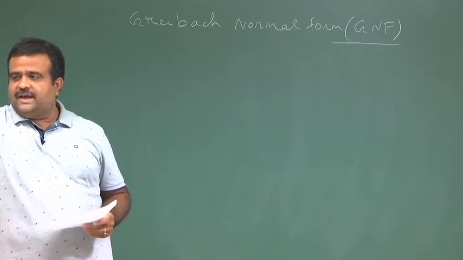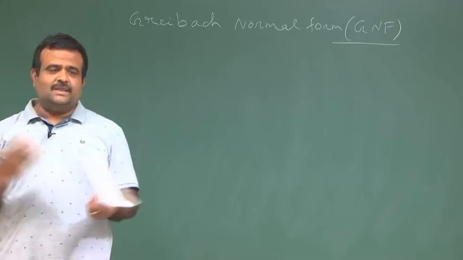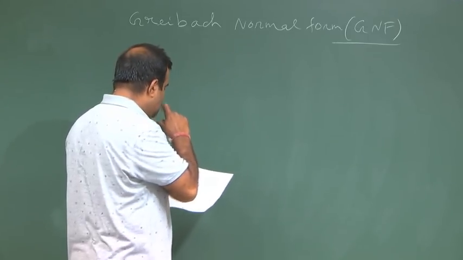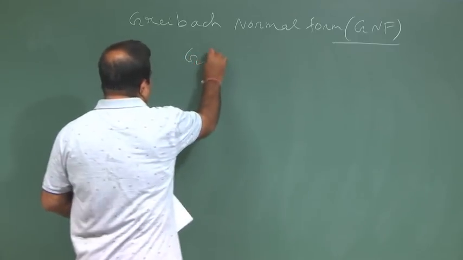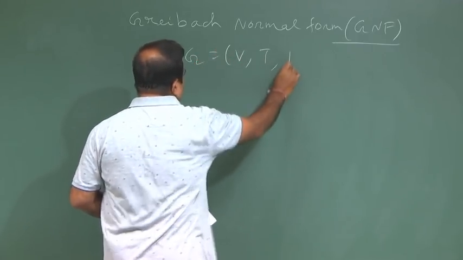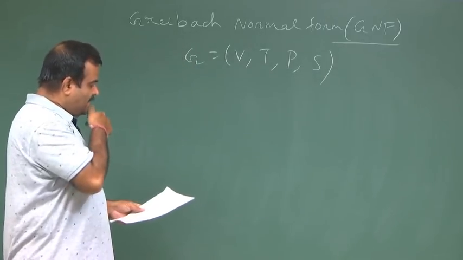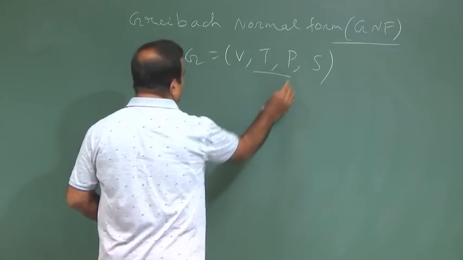So, when we say a grammar is in GNF, again these rules are in a particular form. We have a grammar like this, and suppose the rules are of this form.